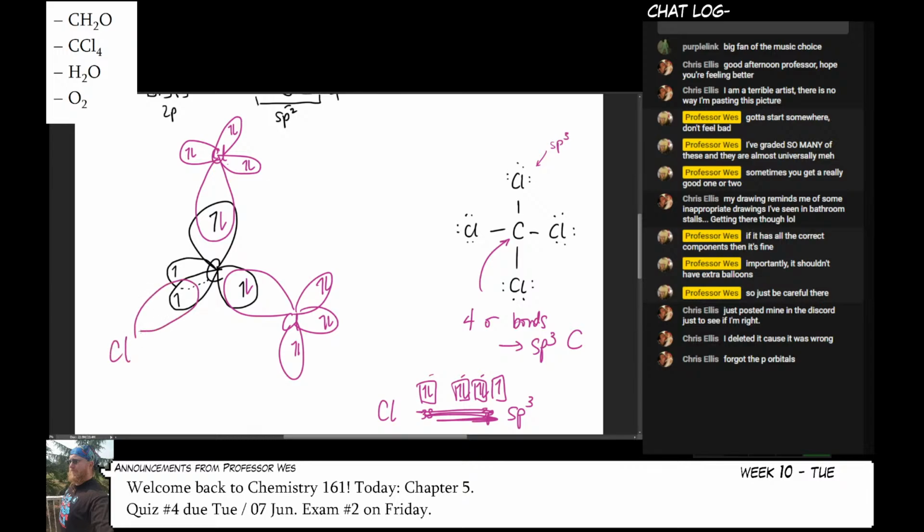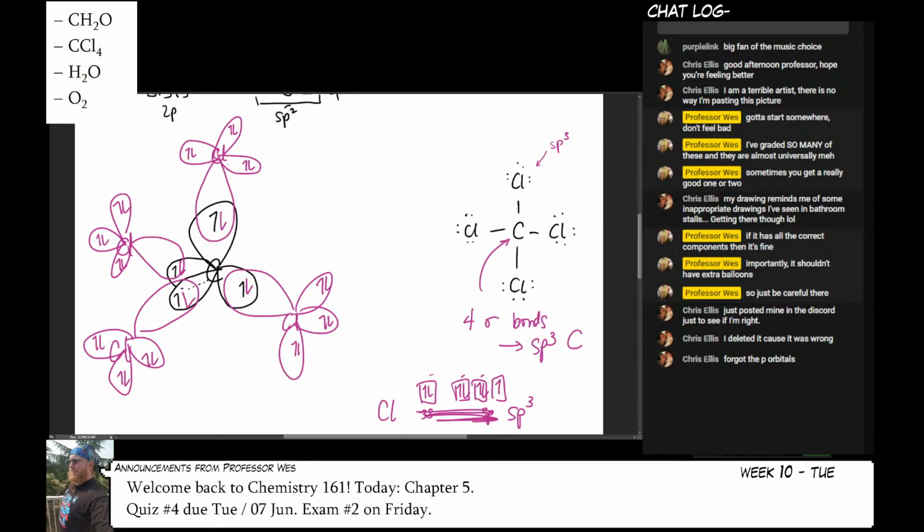So that's the orbital I care about, but the rest of them, it's like whatever. We could draw those out neater if we wanted to, but really there's no need. We only really care about the orbitals that are overlapping.